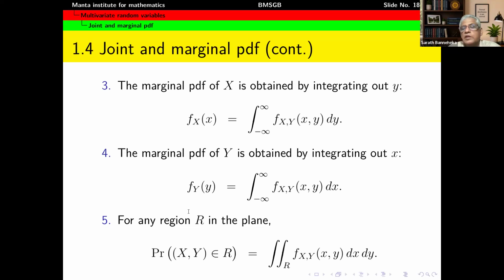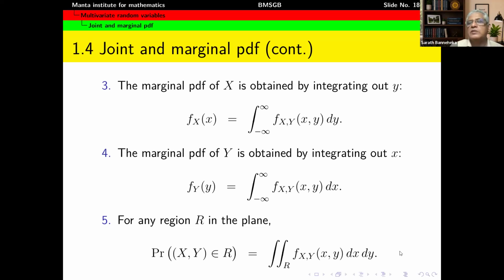And then if you want to find the probability that the random vector or random point (X, Y) is in a certain particular region in the two-dimensional plane, say R, then you have to integrate the joint density function over that region R with respect to x and with respect to y.